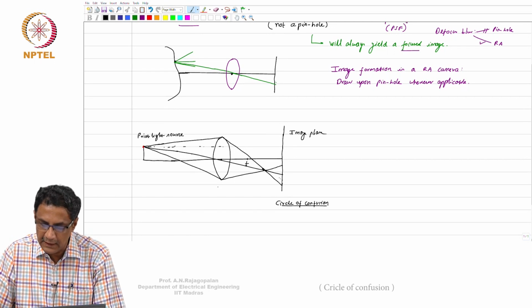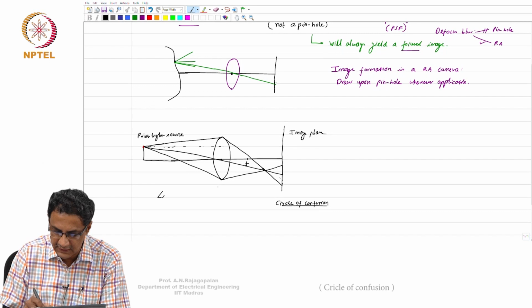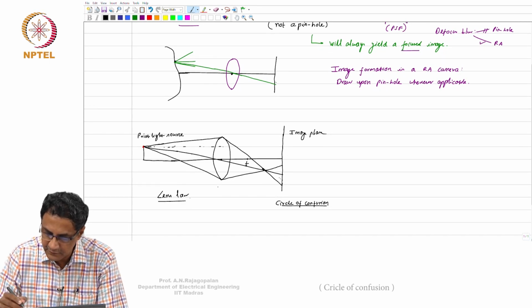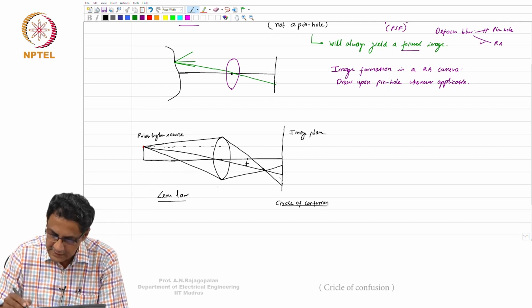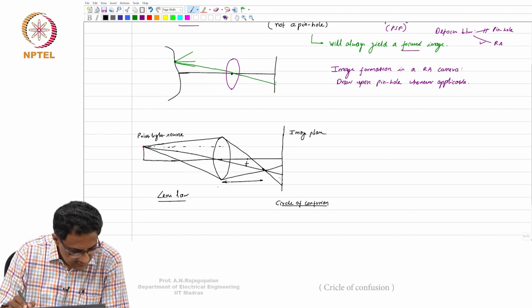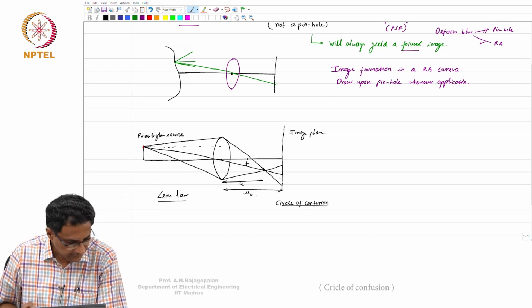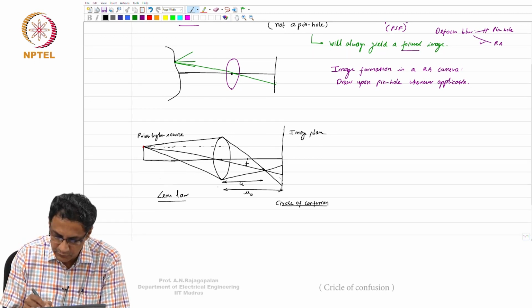Okay, and we also know that there is something called the lens law. In this case, this is f, and let me call this U, and this I'm going to call U naught. Let me write a few things here.